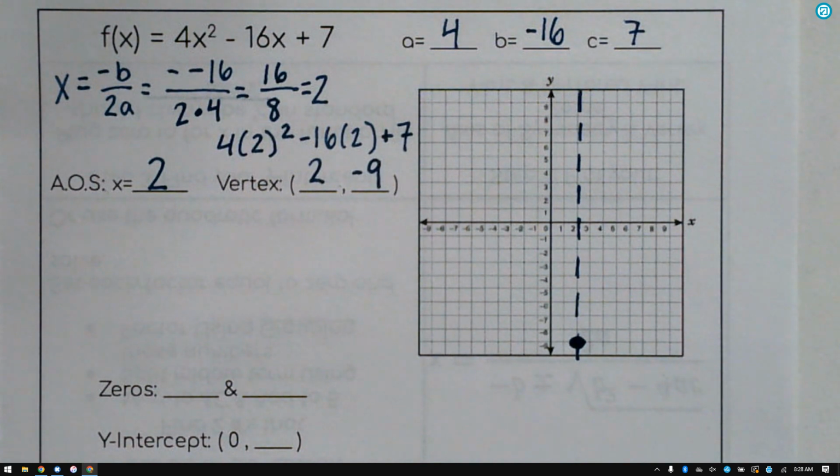Okay. Any questions about finding the rest of our vertex? Okay. So in that case, we are ready to move on to our zeros. So our zeros are exactly what we did in yesterday's assignment.